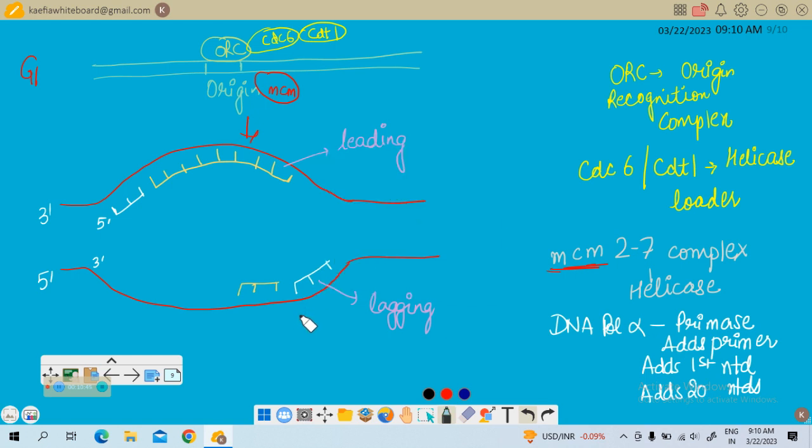Here extension will be done by DNA pol alpha.